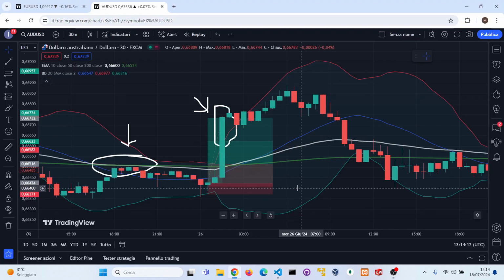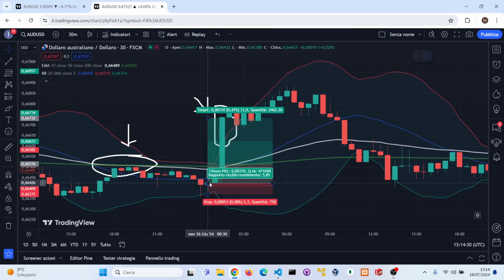So let's take a look here. What can we see? We can see that the EMA 50 went below the EMA 200, and before that the EMA 50 was above the EMA 200. And the strategy, some candles after, opened a long position.